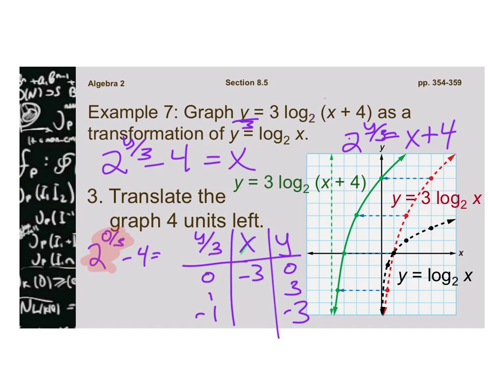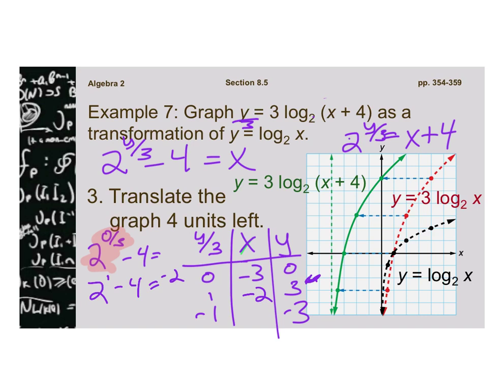Since that's 1, minus 4 is -3. That's my x value. Now I'm going to do 2 to the 3 over 3, here's my y. That's 1. So 2 to the 1 minus 4, that's 2 minus 4, is -2. So I have a -2 here.